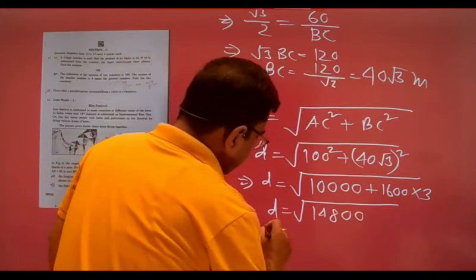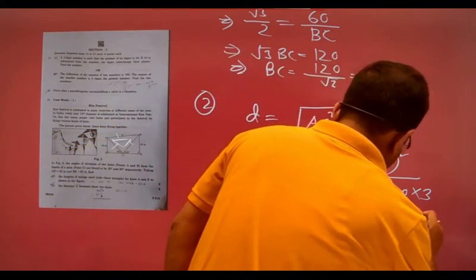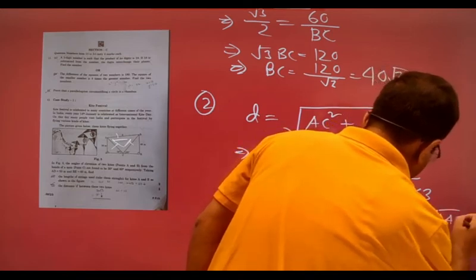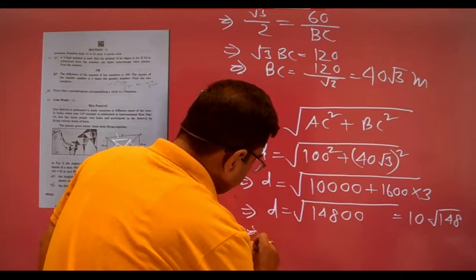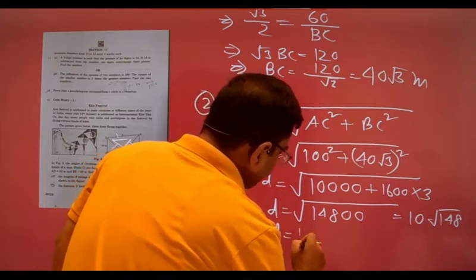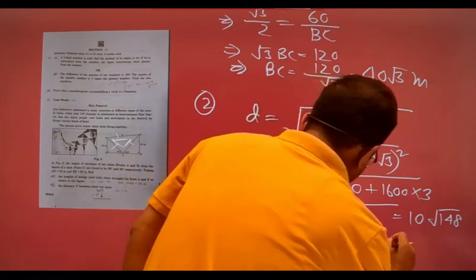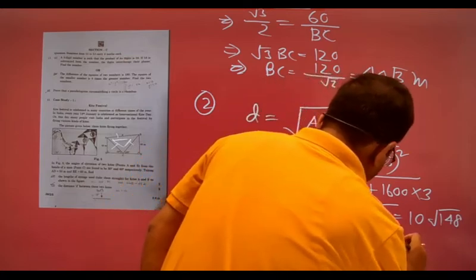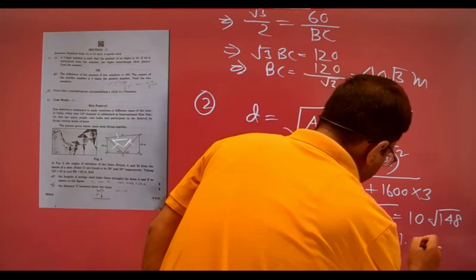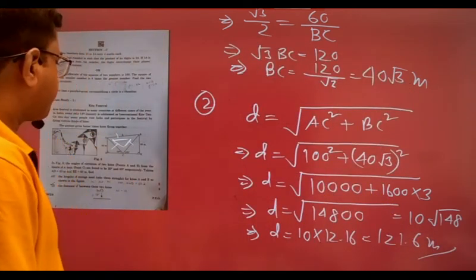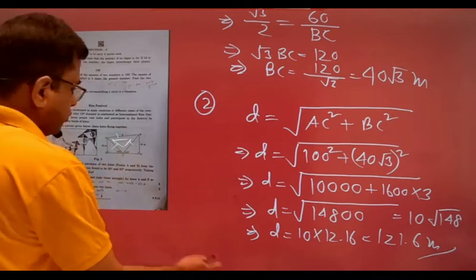So this is equal to root 14800, root 148, which is 12.16, so this is equal to 121.6 meter. So this is the distance between these two kites.